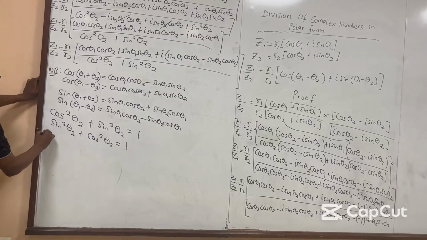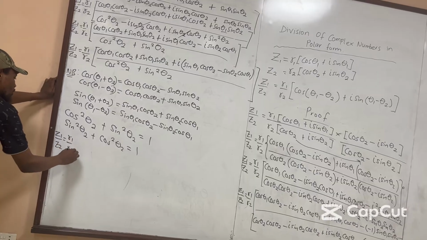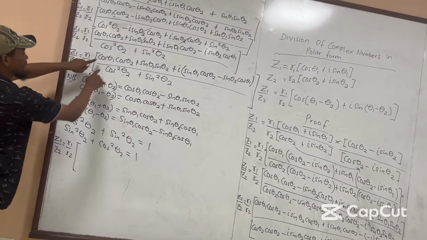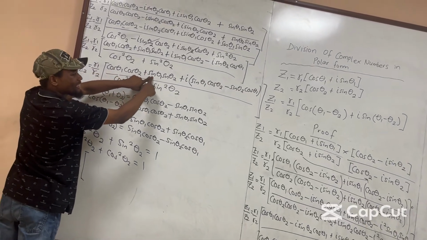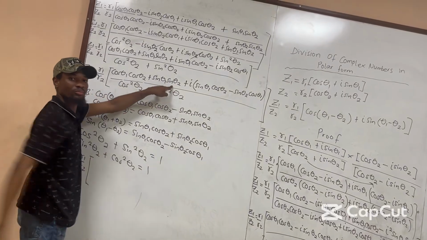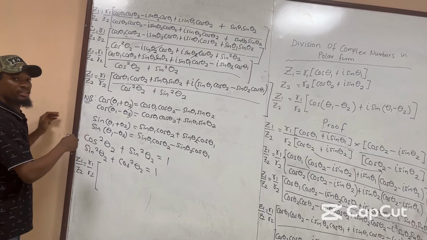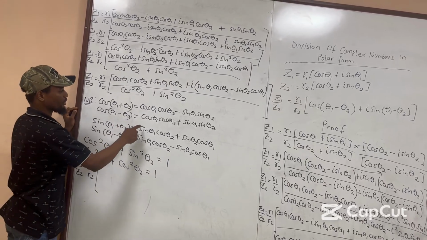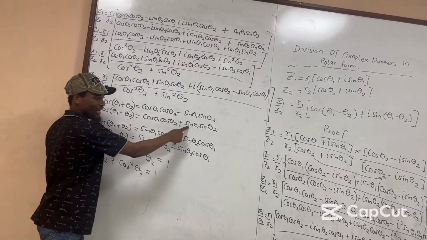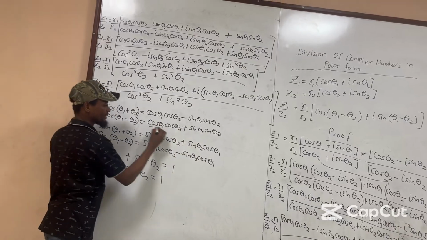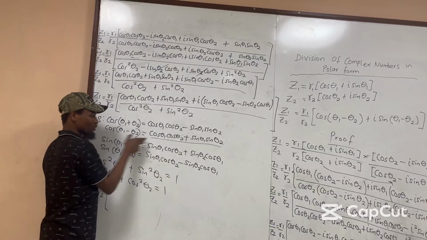So I have z1 over z2, which is equal to r1 over r2. This side, we have cos theta 1 cos theta 2 plus sin theta 1 sin theta 2. This is the same as cos of theta 1 minus theta 2, so I can simply equate them because they are the same.